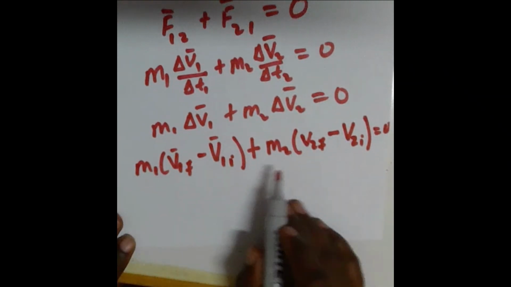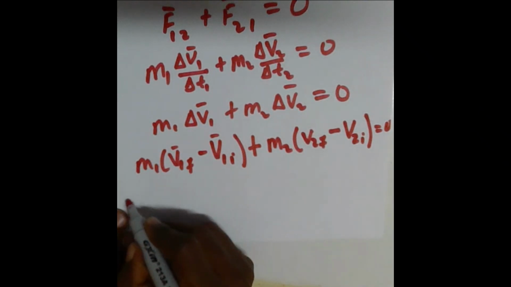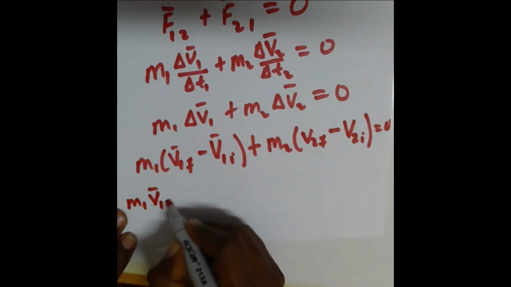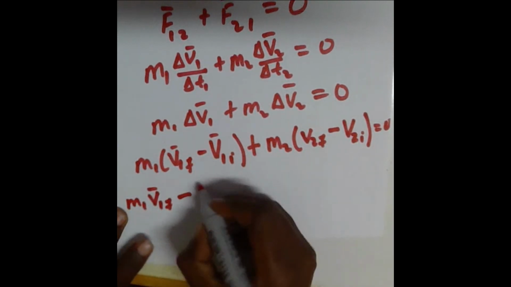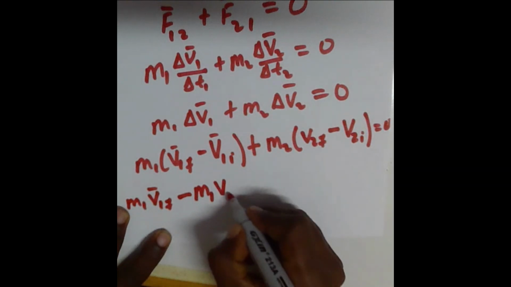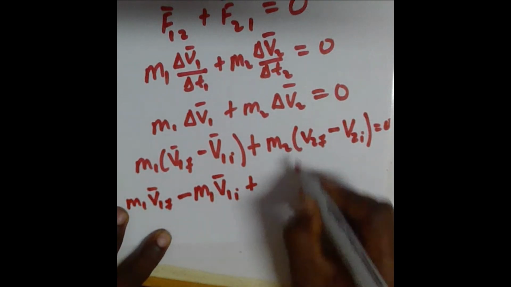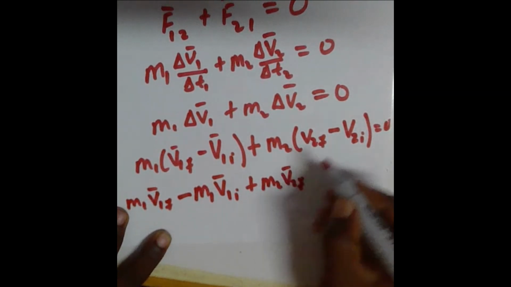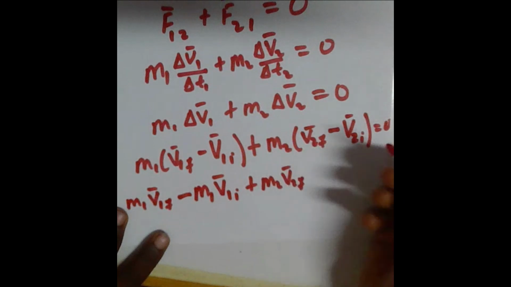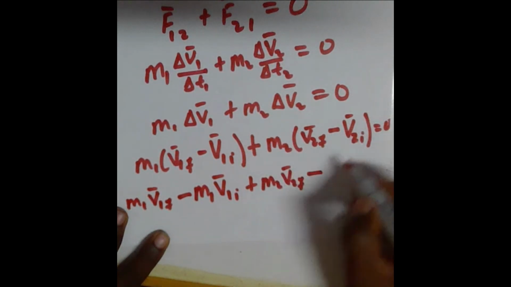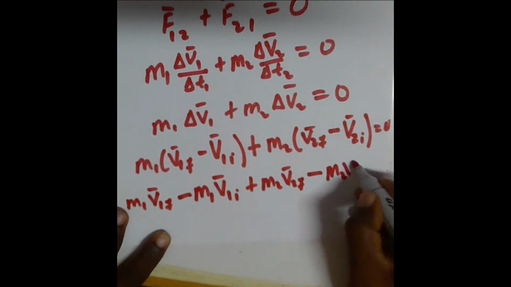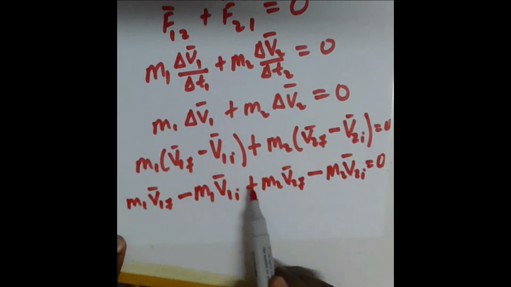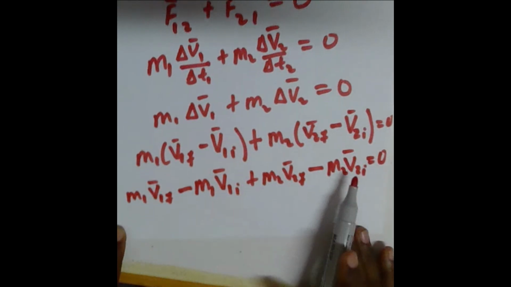Now multiply by the masses: it becomes m1 v1 final minus m1 v1 initial plus m2 v2 final minus m2 v2 initial, which is equal to 0. Here this one is plus, this one is plus, this is minus, this is minus. These are vectors.